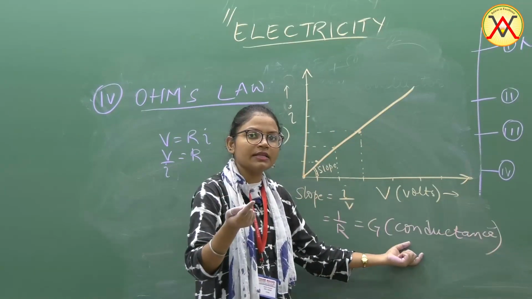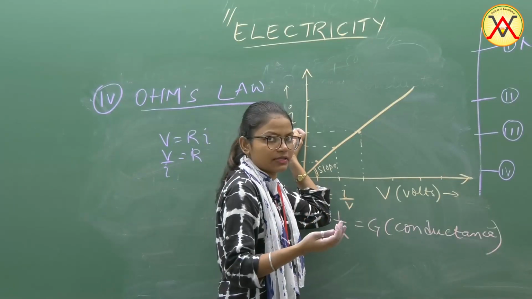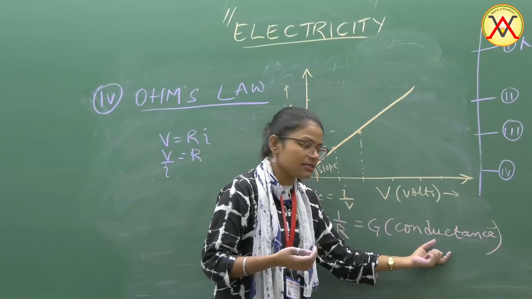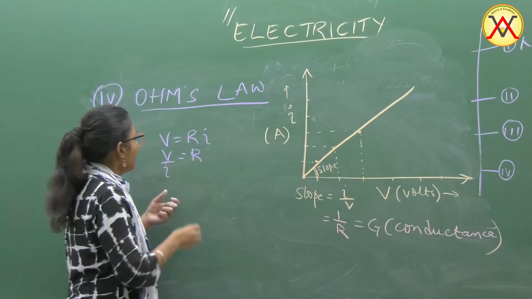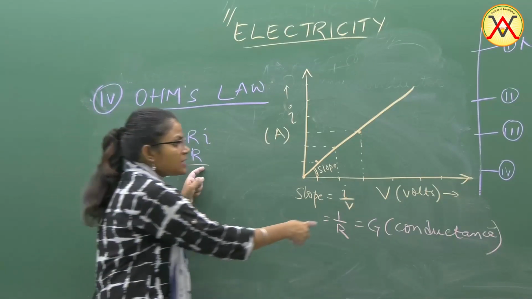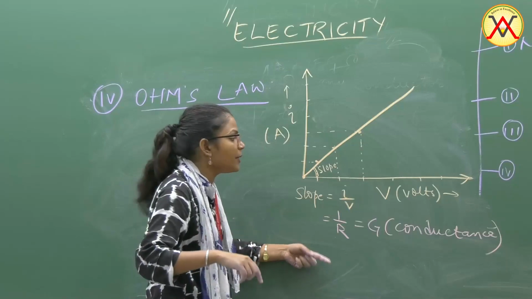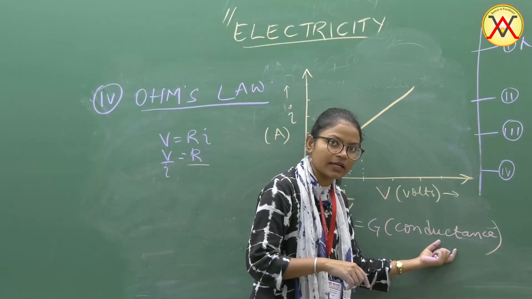Property of any material to allow the amount of current to flow through it is known as the conductance. From this equation, we got resistance. Since 1 by R equals to conductance, so resistance is nothing but reciprocal or inverse of conductance.